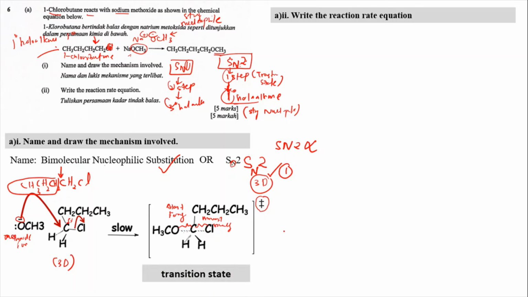Okay, and at the end of the reaction, it is a fast process because H3CO akan betul-betul terhasil dan Cl ni akan betul-betul terkeluar. Okay, and as a result, kita akan inverse the configuration. So kalau nampak kat sini, mula-mula dia akan bentuk seolah-olah macam penyapu.